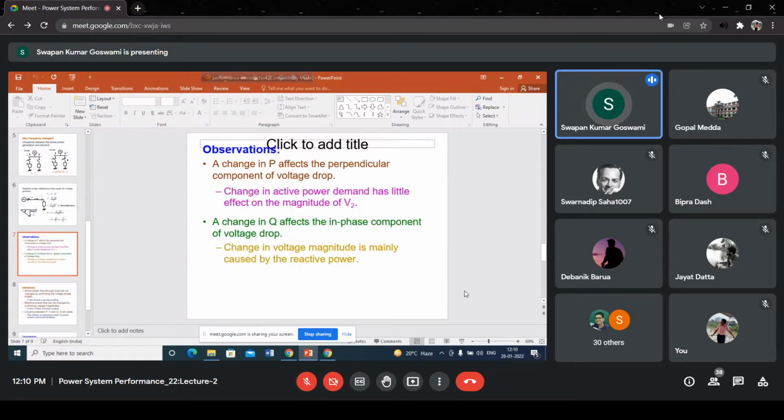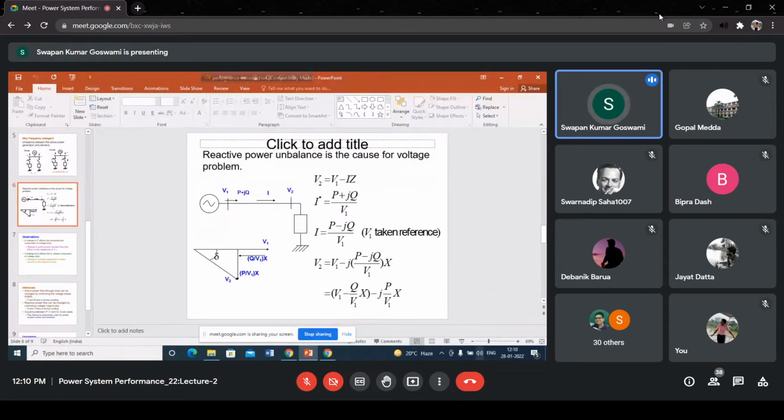Now the observation part here, whatever we have discussed in our previous lecture, from that we can observe these things. The first thing is that a change in P, active power, affects the perpendicular component of the voltage drop. You see here, when you refer to this phasor diagram, you see that a change in P is responsible for this perpendicular portion, P by V1x.